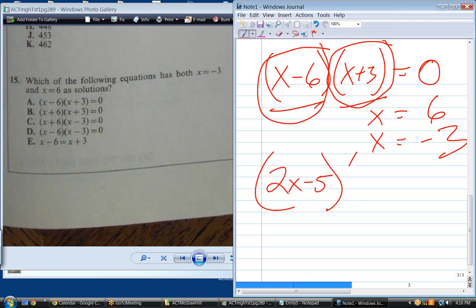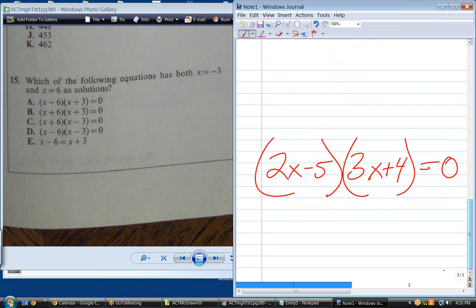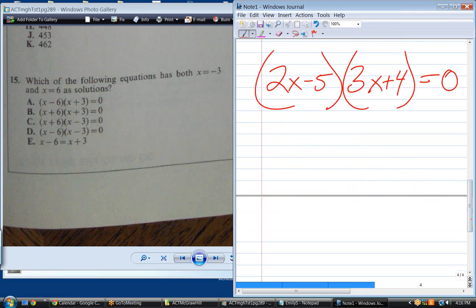Just so you know, if I had that, what are my answers? In other words, what are the solutions to this equation that I've written here?